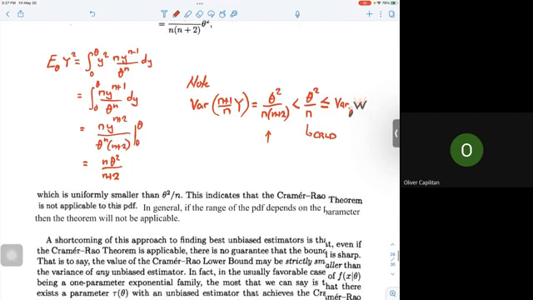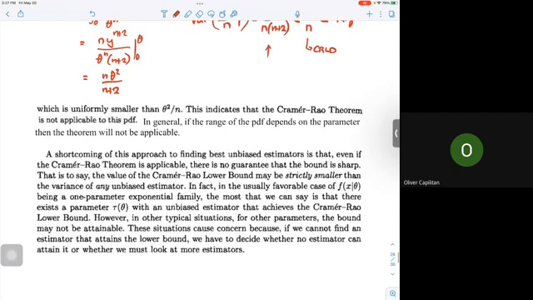So a shortcoming of this approach to finding a best unbiased estimator is that even if the Cramer-Rao theorem is applicable, there is no guarantee that the bound is sharp. That is to say, the value of the Cramer-Rao lower bound may be strictly smaller than the variance of any unbiased estimator.